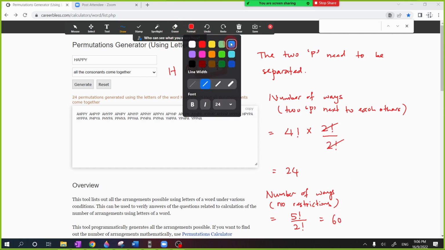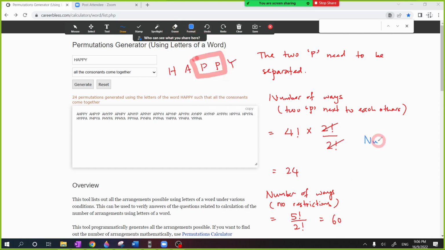So our final answer, number of ways, the 2 Ps are separated. Okay, so the total number of ways to arrange all these letters with no restriction will be 60. And this, with the 2 Ps together, we don't want.